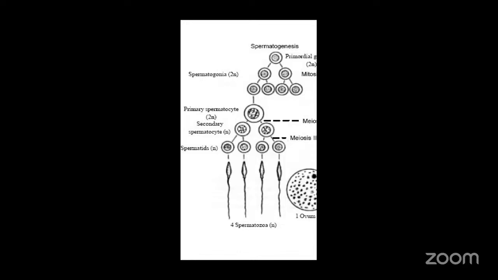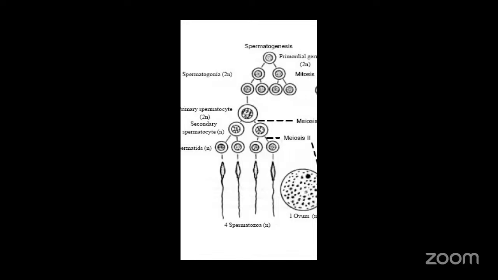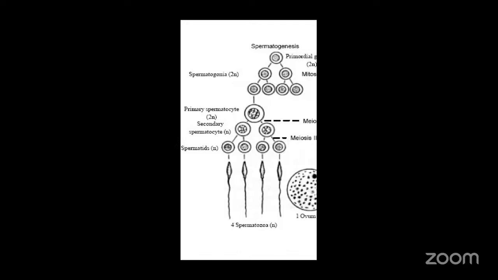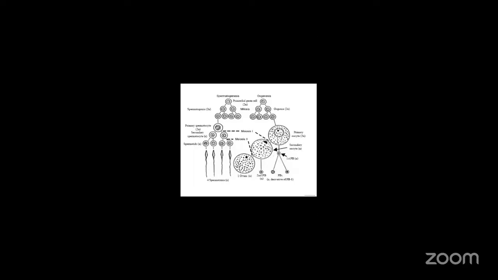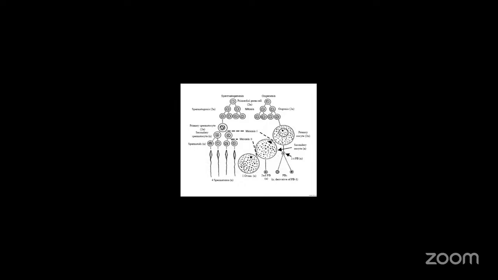After that, it will give rise to the secondary spermatocyte with the help of meiosis 1. Then the secondary spermatocyte will undergo the meiosis 2 division and result in the formation of four spermatids, and these will undergo differentiation and form the four spermatozoa. So this is about spermatogenesis. We will come to oogenesis later.